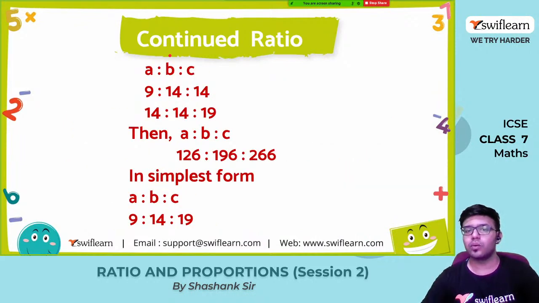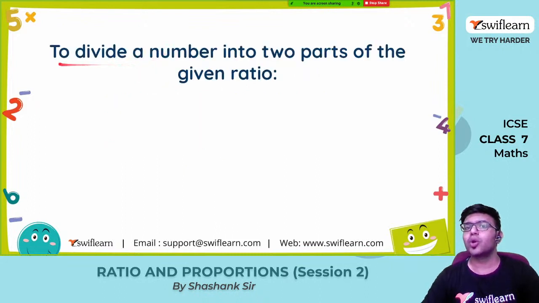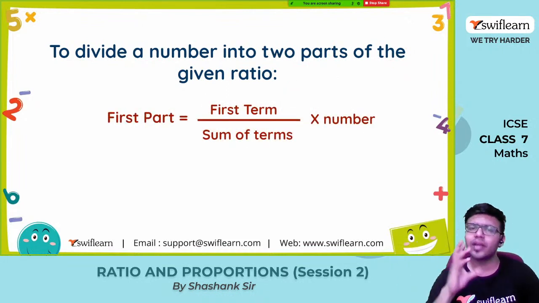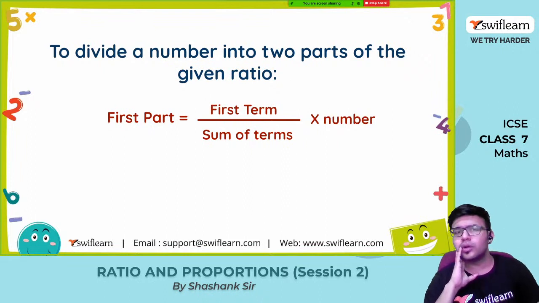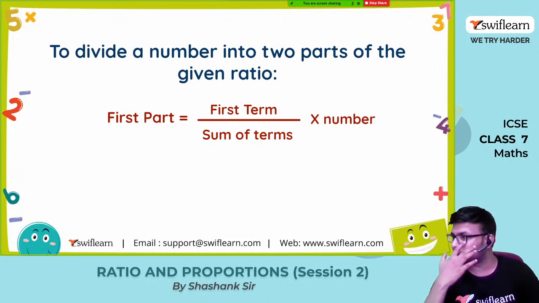Okay. So let's divide a number into two parts in a given ratio. What have they asked? To divide a number into two parts in the given ratio. So how to divide a number? Suppose I have 80. I want to divide 80 in the ratio of 2:4. Or I want to divide 100 in the ratio of say 10:5.